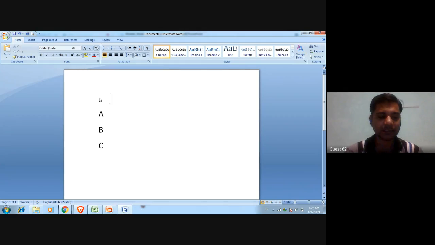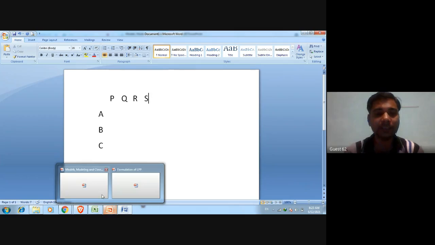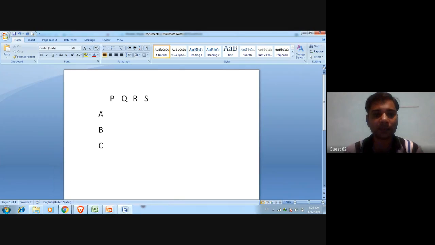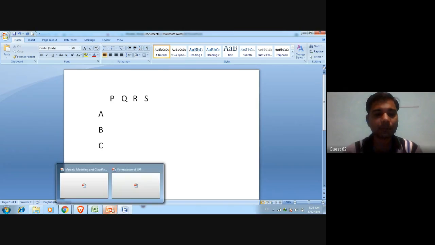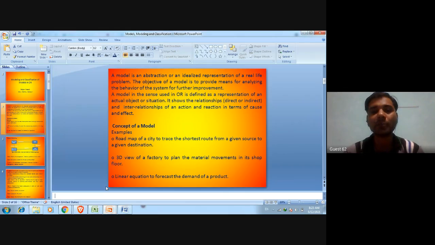Suppose these destinations are P, Q, R, and S. And you have to send your product or item from A to P, A to Q, A to R, and A to S. Similarly, from B to P, B to Q, B to R, and B to S, and so on. C to P, C to Q, C to R, and C to S. So this problem is related to your transportation model.